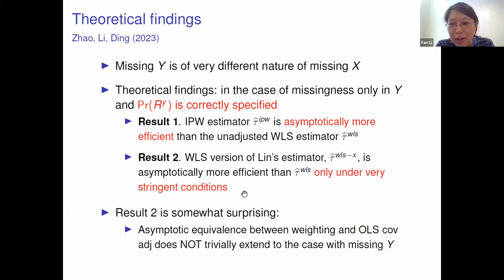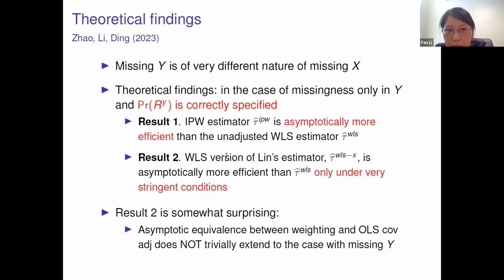And this is hugely surprising because the WLS-based Lin estimator we find is actually doubly robust, and locally efficient.